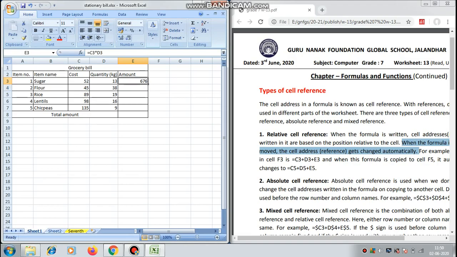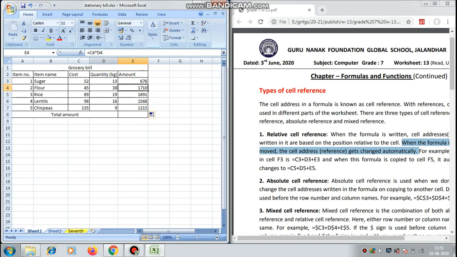Next I'm going to just drag it downwards to apply the formula to all the cells. Now you must have observed the answer is different in all the cells. But I have copied the formula that I had written in the cell E3 to the other cells also. But it is changed automatically. So this is an example of relative cell reference.